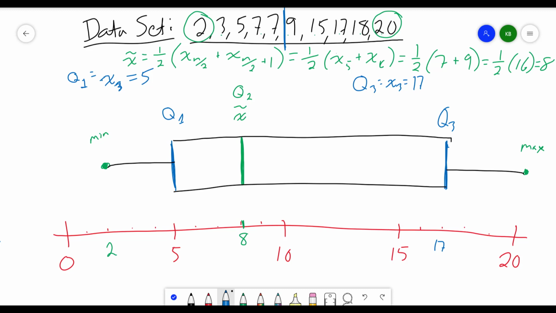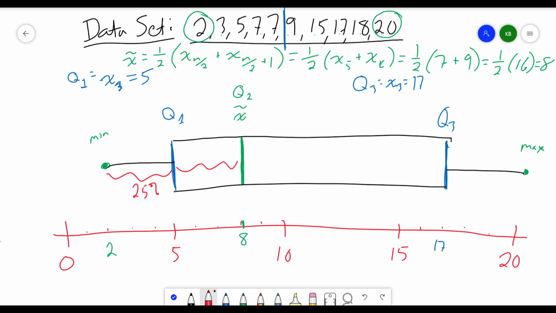And what these quartiles mean, quart sounds like quarter, right? A quarter of the data falls between the minimum and quartile 1. This is 25% of the data that falls in that window marked by that line.